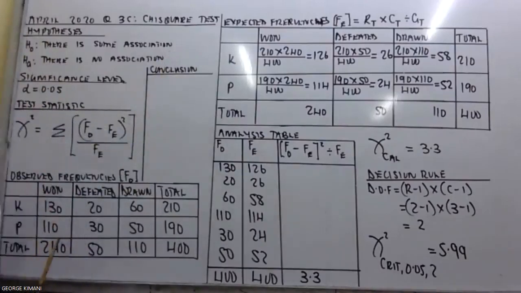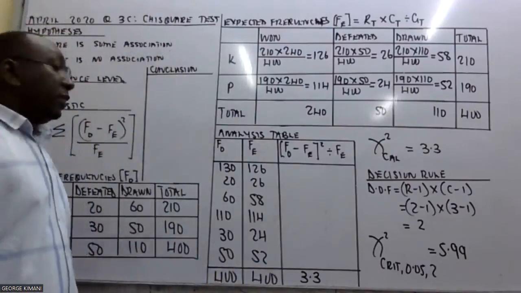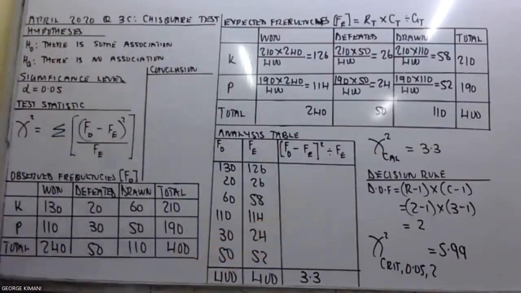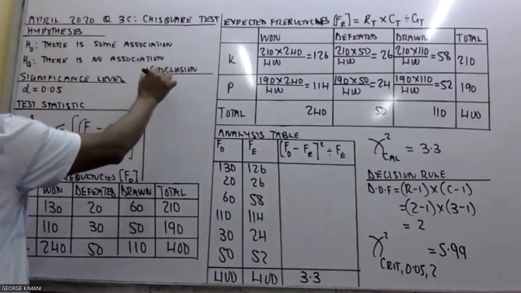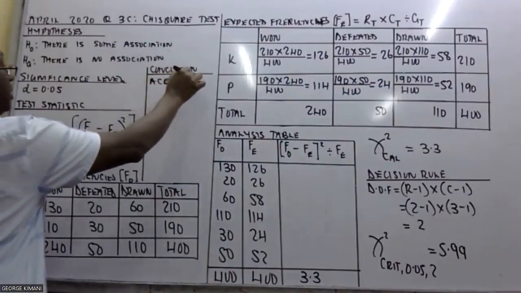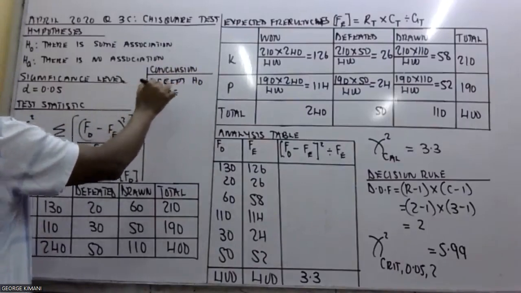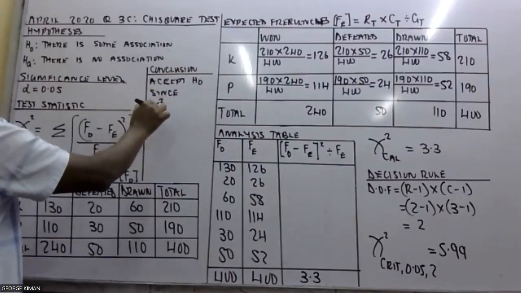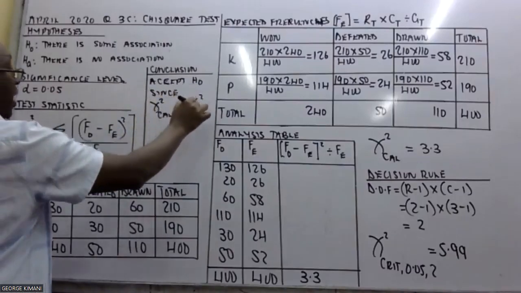Now, conclusion will simply tell us whether we are accepting or rejecting. So now that the calculated is less, we always say accept. So accept null hypothesis since the chi-square calculated is less than chi-square critical.